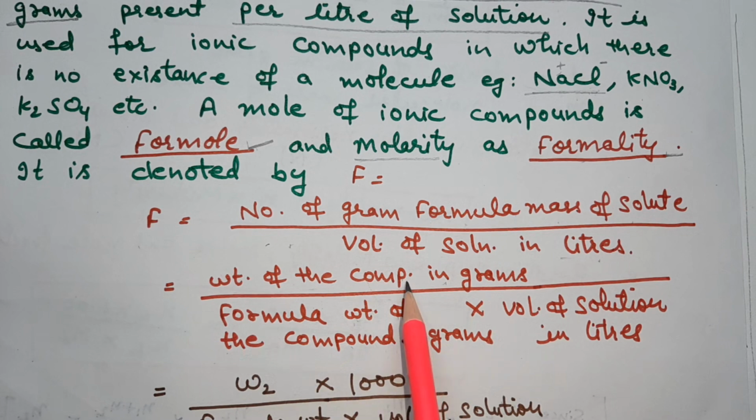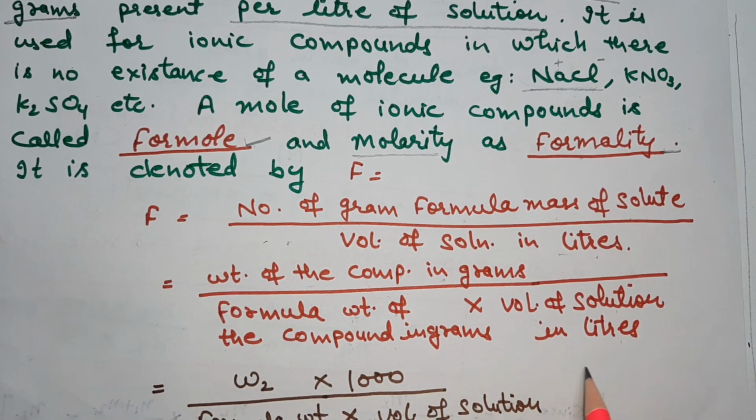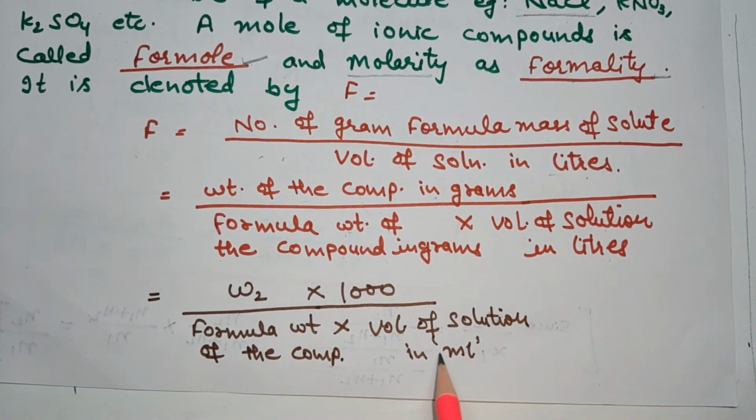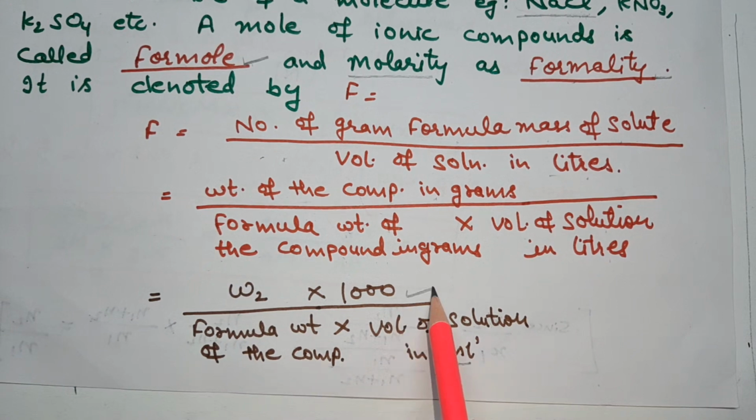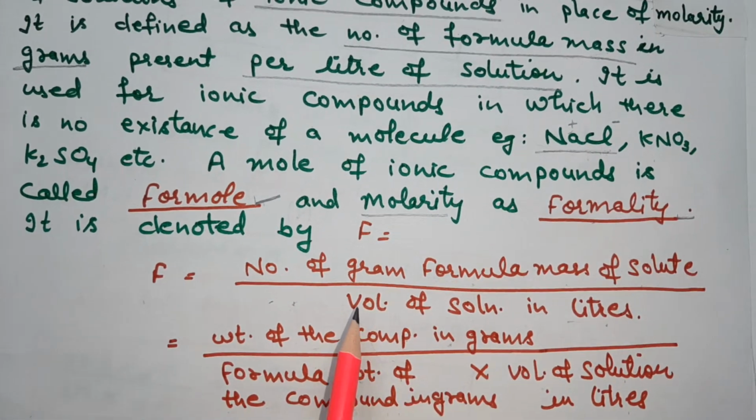Just as we calculate the number of moles as given weight upon molecular mass, similarly we calculate gram formula mass as given weight upon the formula weight, divided by the volume of the solution in liters. If the volume of the solution is taken in milliliters, we use a multiplication factor of 1000, which is just the conversion unit. So this is about formality.